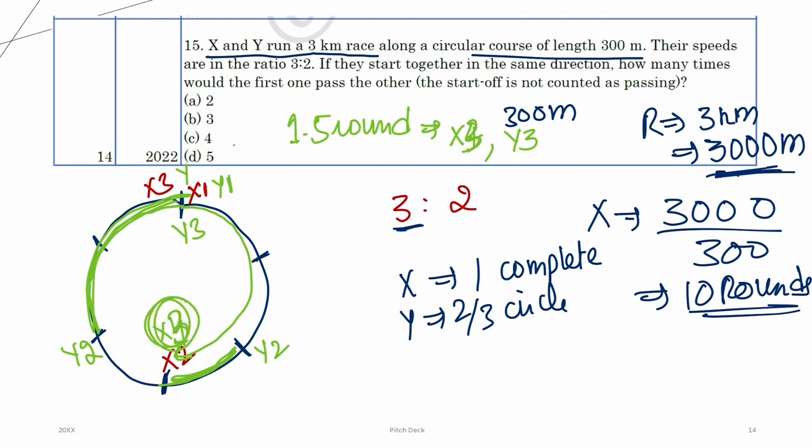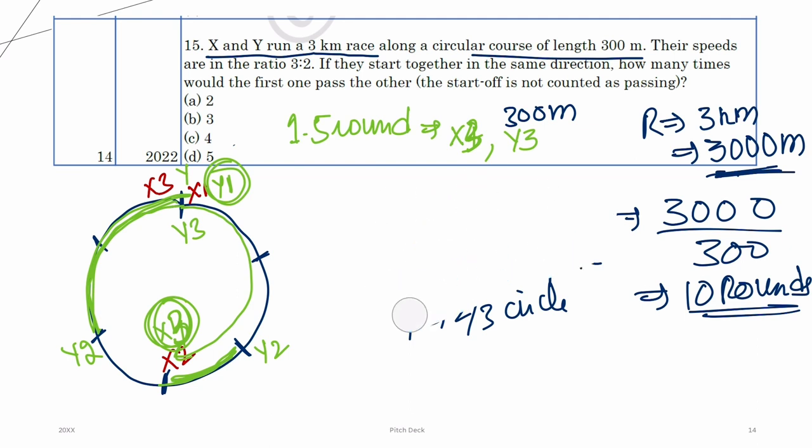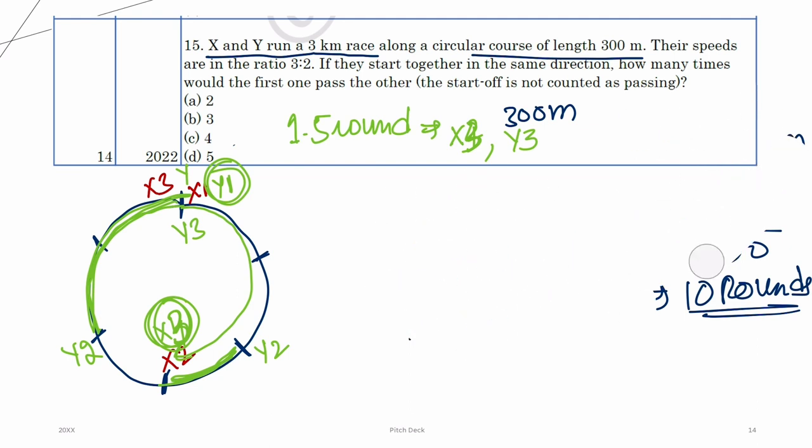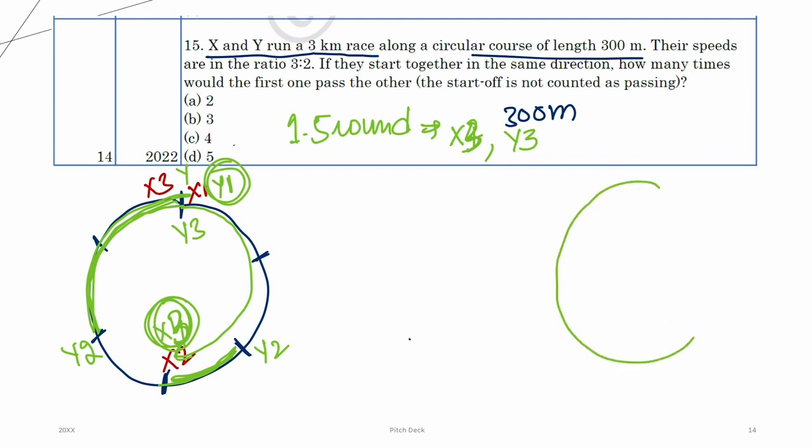So x is here, y is here, right? Now this is after 1.5 circles, right? After 1.5 circles, x and y are at these positions, on diametrically opposite sides, right? Now this is 1.5 rounds.